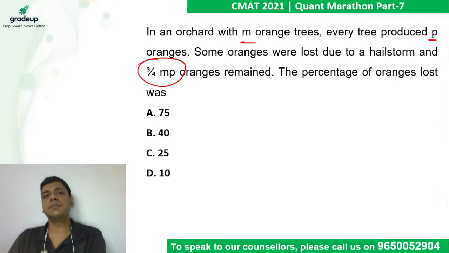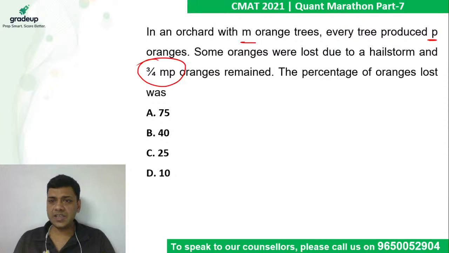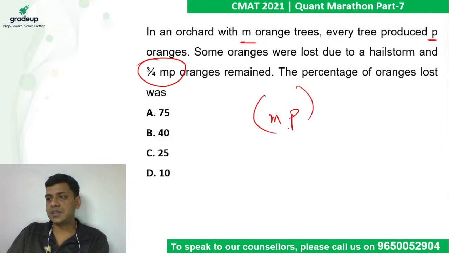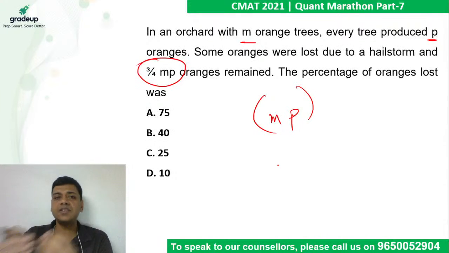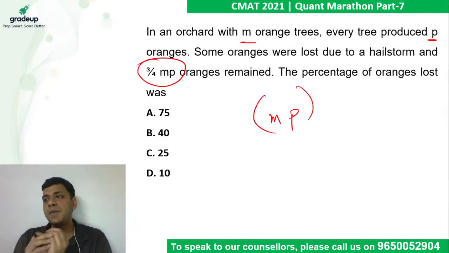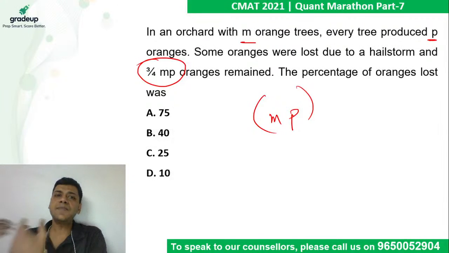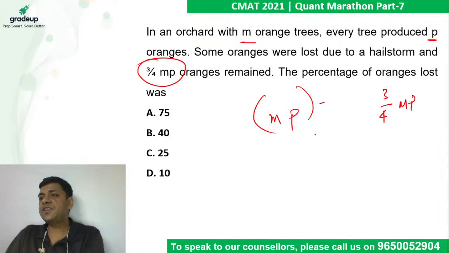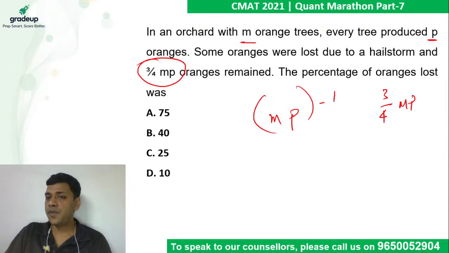25. So basically, if there are M orange trees, each tree produces P oranges. How many oranges would be there? Total number of oranges would be M into P. Now, out of those M into P oranges, some are lost, and we are left with 3/4 of MP, which means how much is lost? If I'm left with 3/4, it means 1/4 is lost.